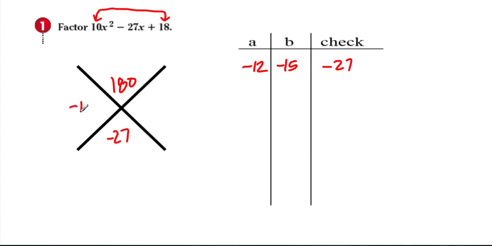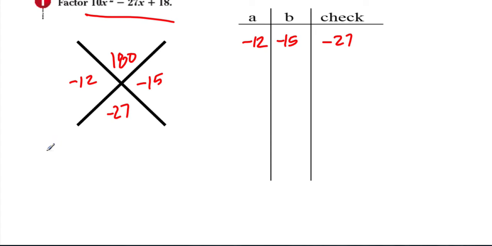So this is negative 12 and negative 15. And we rewrite the negative 27x as negative 12x minus the 15x. So we have now 10x² - 12x - 15x + 18.